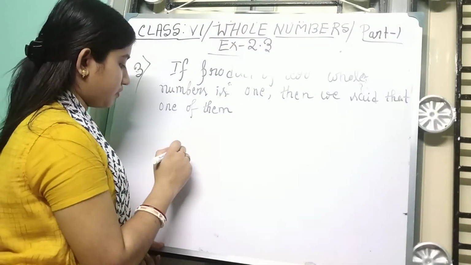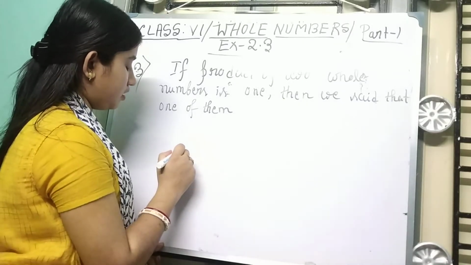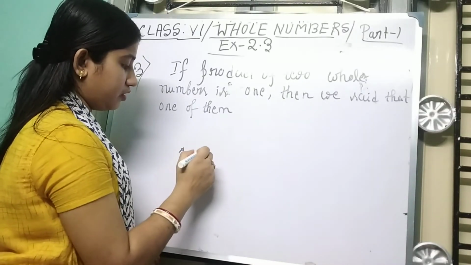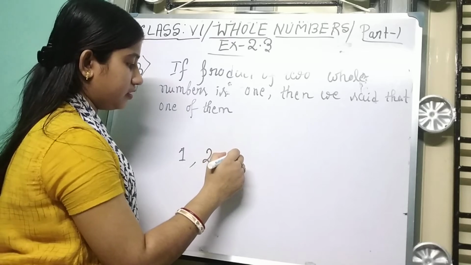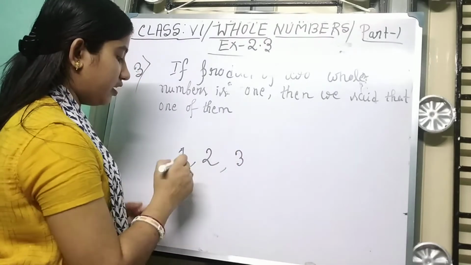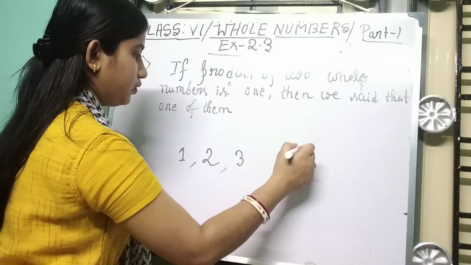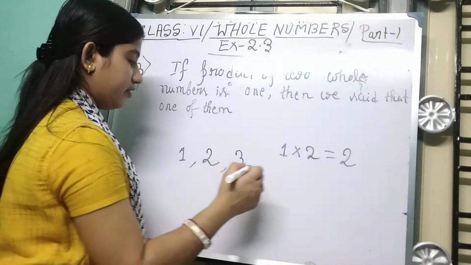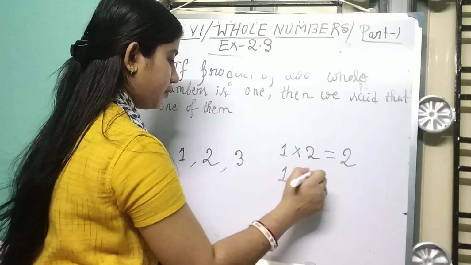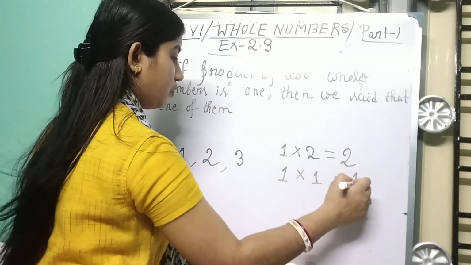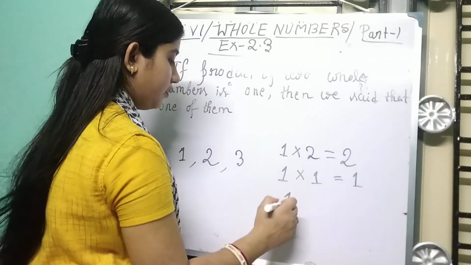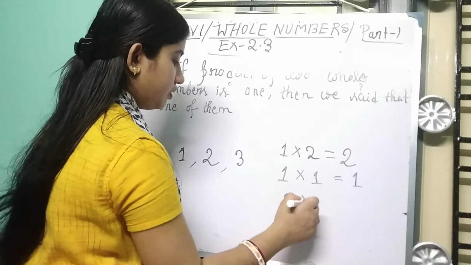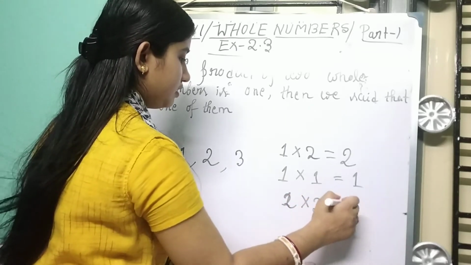Now here 1 is a whole number, 2 is a whole number, 3 is a whole number. So if we multiply 1 by 2, then we get 2. And if we multiply 1 by 1, then we get 1. And if we multiply 1, 2 into 3, then we get 6.